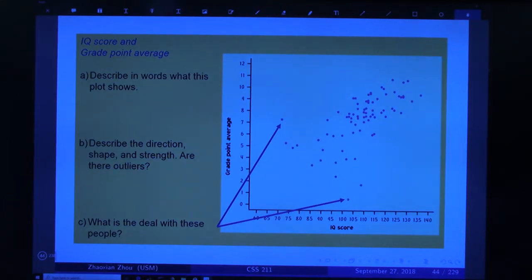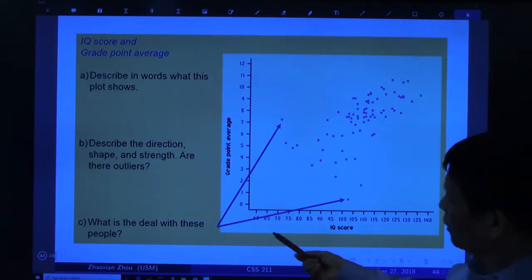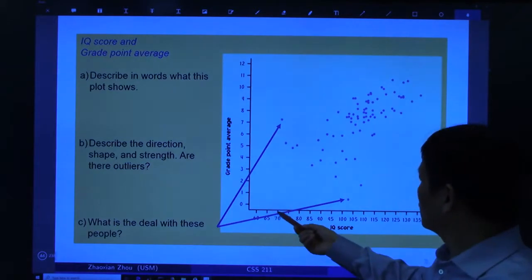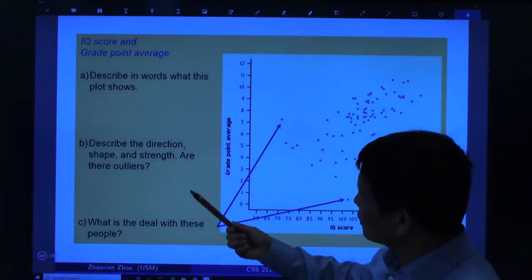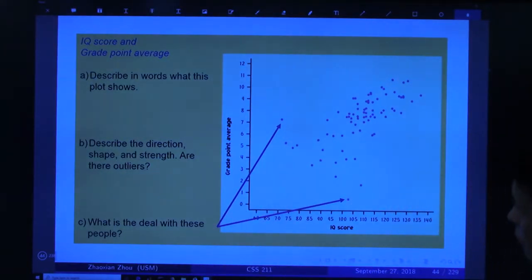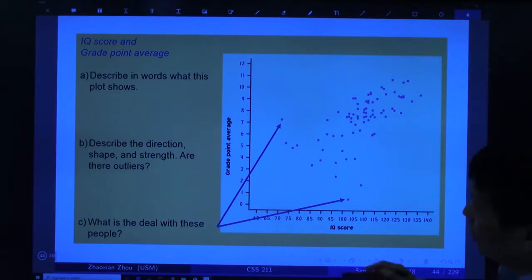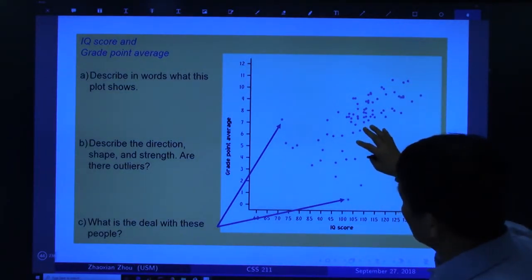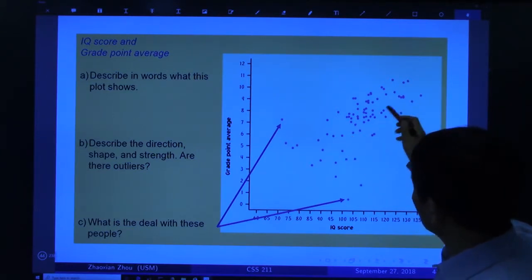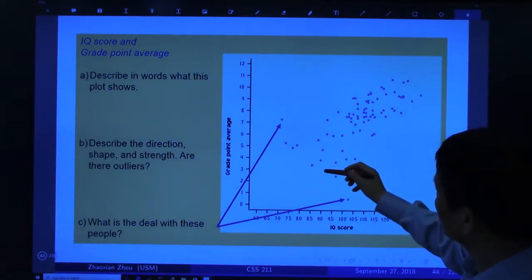This plot shows the GPA with respect to the IQ score for some students. The second, describe the direction, shape, and strength. Are there any outliers? So how to do this? The strength may not be that strong, but we can still try to find the form.